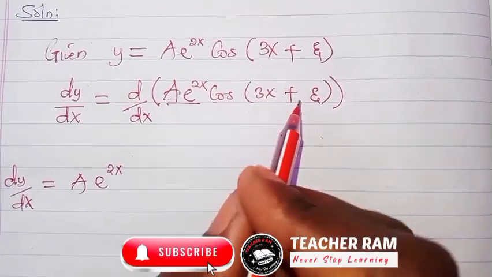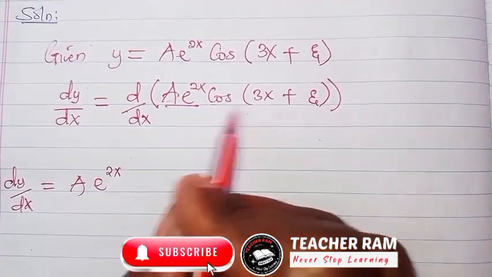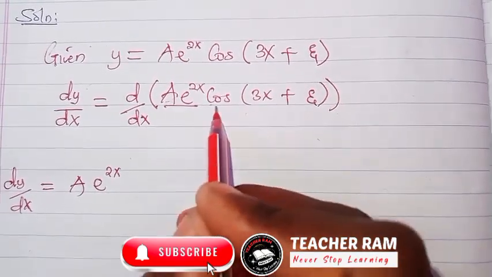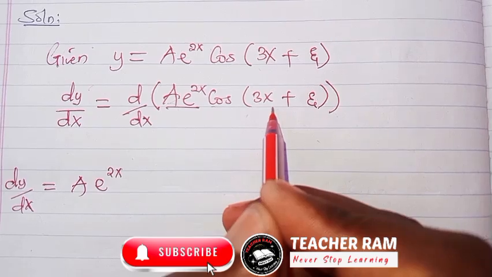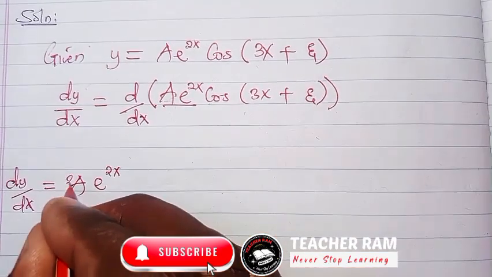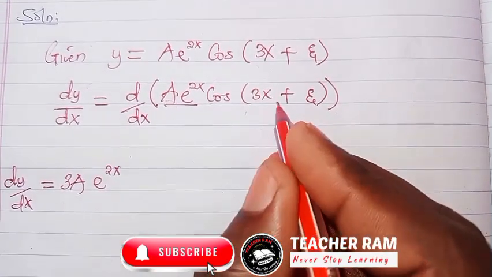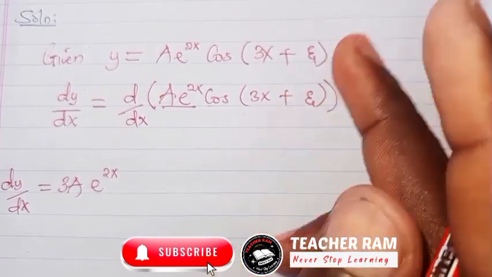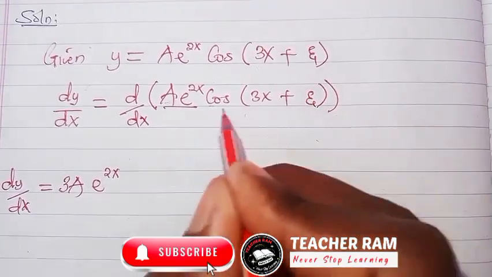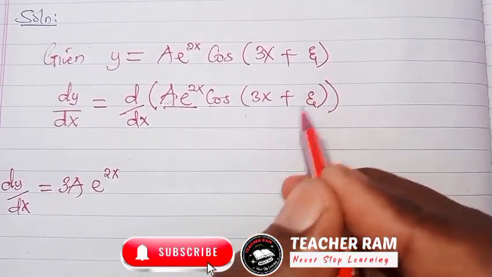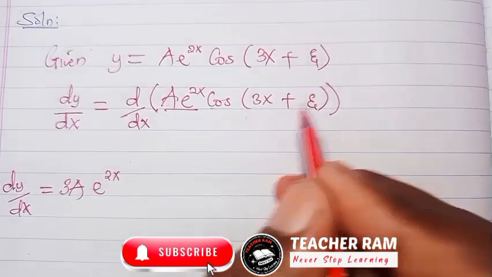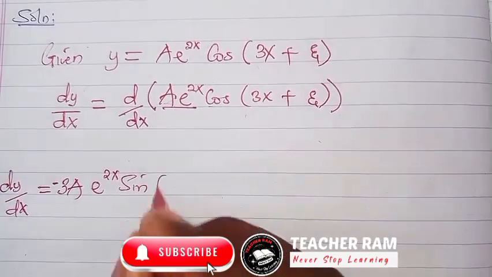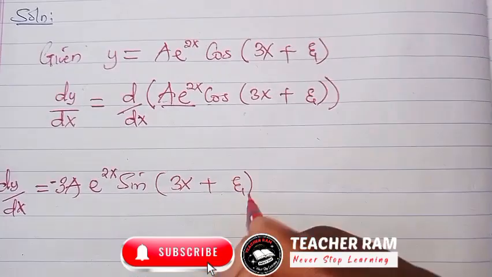Let us differentiate cos(3x + ε). The derivative is the derivative of the angle multiplied by the derivative of the cosine of the angle. Differentiating 3x + ε with respect to x gives 3, multiplied by the derivative of cosine, which is negative sine of (3x + ε).